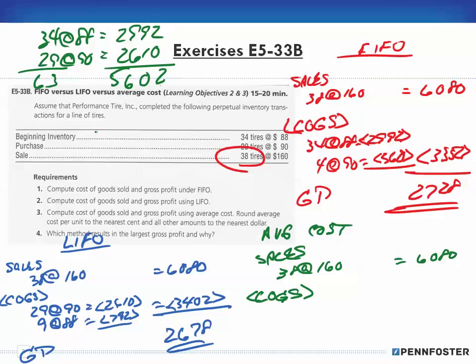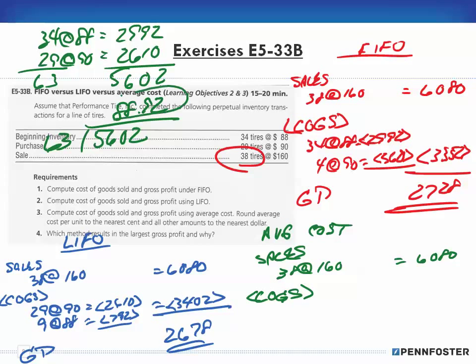Okay, so I take my 5,602 and divide it by 63, and I end up with $88.92 per unit as an average cost.